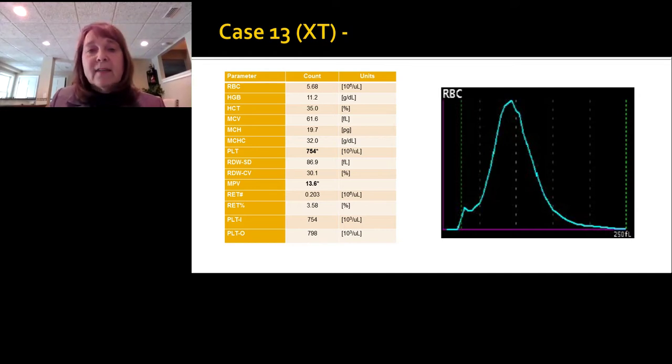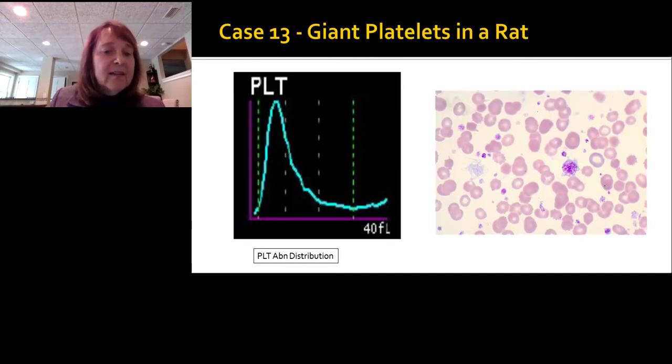But when we look at the platelet histogram on this one, we see that it doesn't quite come down to baseline. In essence, this was a rat sample, so the 700,000 platelets was actually kind of low for this particular species. We can see that they are forcing new generation of platelets, which are these giant platelets that are there.